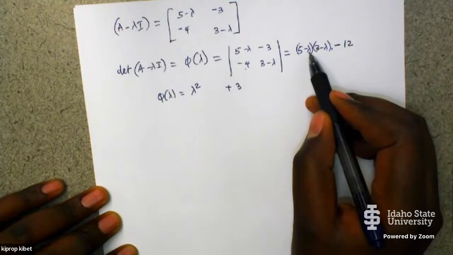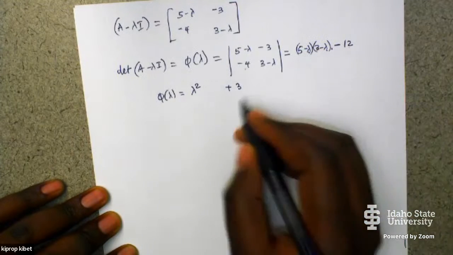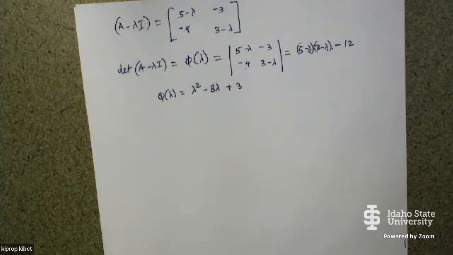And then we have 5 lambda and lambda minus 5, 3, which will be minus 8 lambda. So that is our characteristic polynomial.